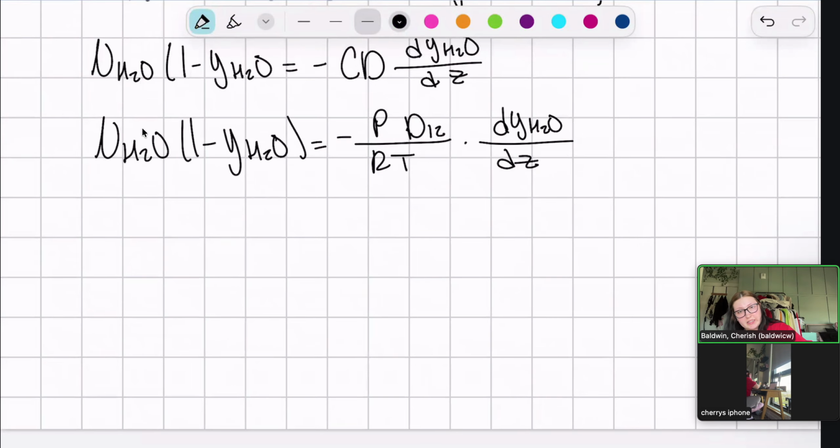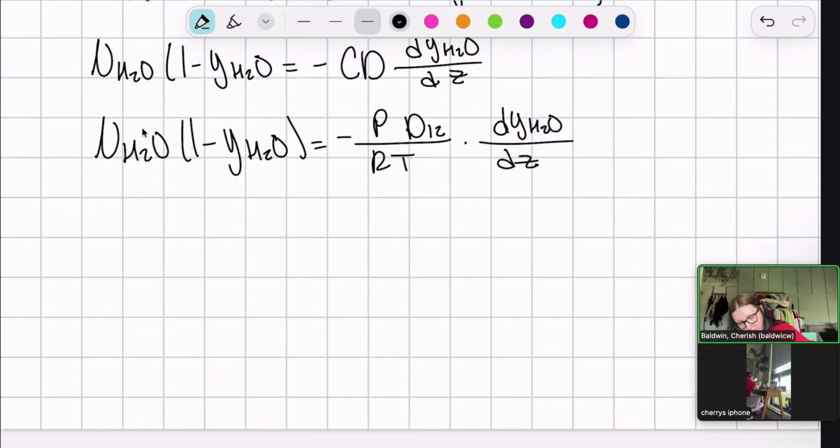And now we're going to integrate. No, we're not integrating yet.